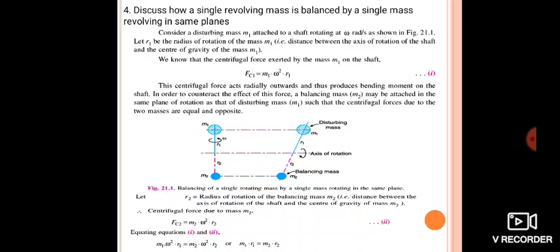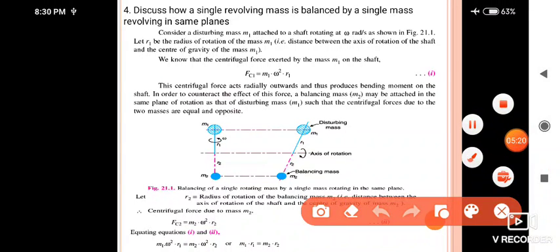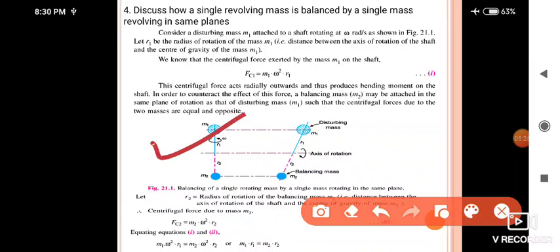Discuss how a single revolving mass is balanced by a single mass revolving in the same plane. You have to draw the diagram for this, and it is important.